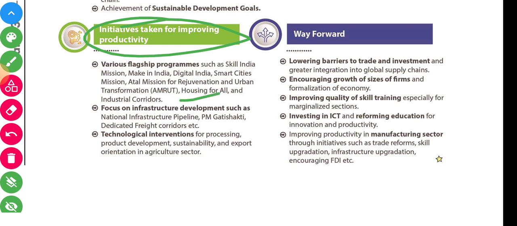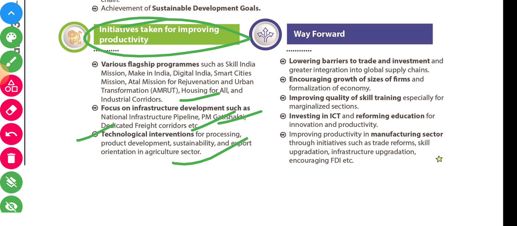Focus on infrastructure development such as National Infrastructure Pipeline, PM Gati Shakti, National Monetization Pipeline, dedicated freight corridors, etc. Technological interventions for processing, product development, sustainability and export orientation in agriculture sector such as forward and backward linkages improvement.